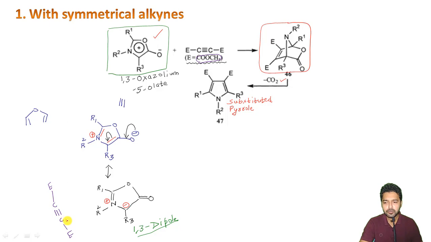So better to show the interaction of this carbon atom here with this carbon bearing the negative charge. Out of this triple bond, one of the pi bonds will begin to break, and one new bond between this carbon atom and the carbon atom bearing this R1 group will begin to form. Moreover, this bond here will also begin to break like this, giving us a transition state, something like this.